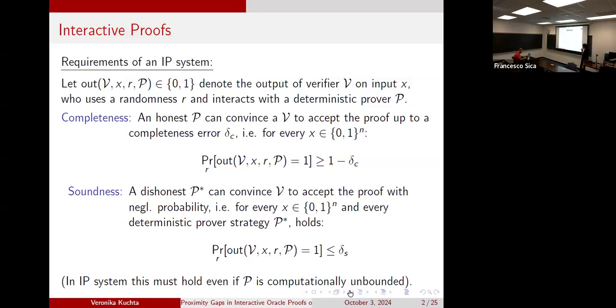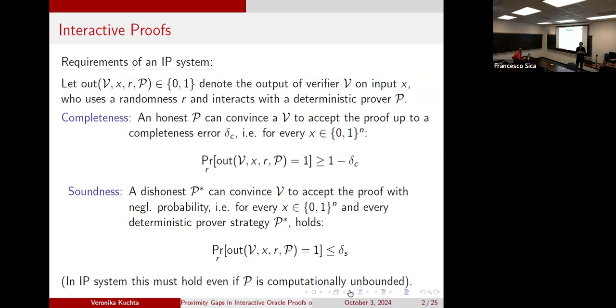So this is the formal definition of such an interactive proof system. A secure interactive proof system has to satisfy two security properties: completeness, sometimes also called correctness of a proof system, and soundness. Completeness just means that if the prover is honest and runs all the computations honestly, does not try to cheat, then such a prover can convince the verifier to accept the proof, up to a small completeness error.